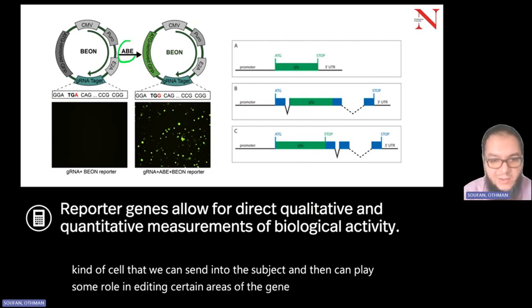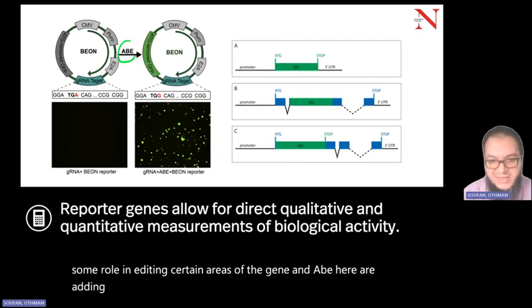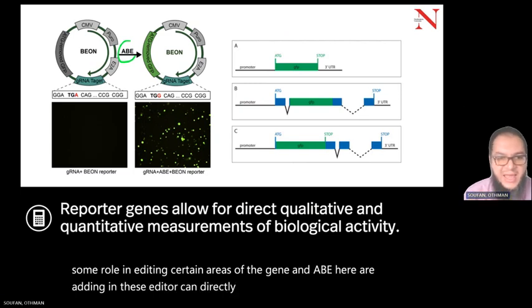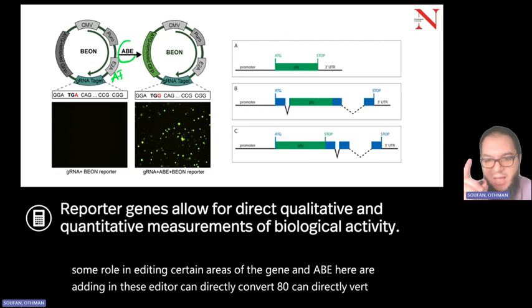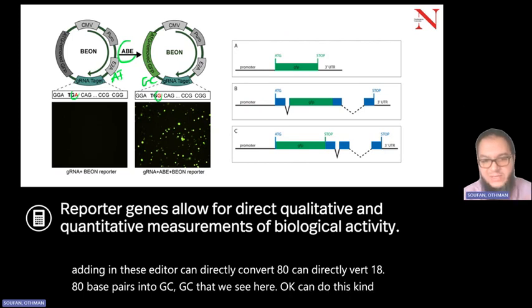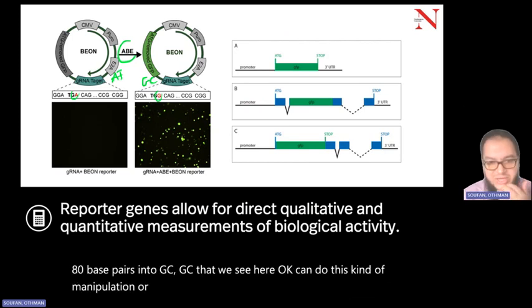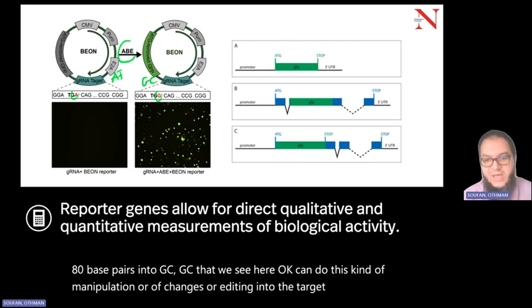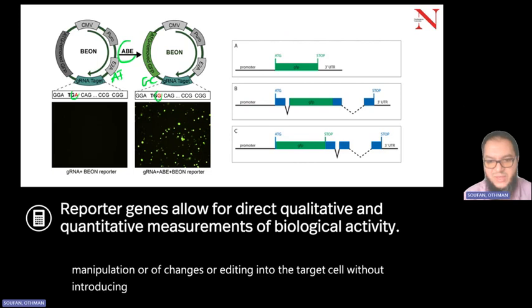And ABE, the adenine base editor, can directly convert AT base pairs into GC, as we see here. It can make this kind of change or editing in the target cell without introducing double strand breaks.